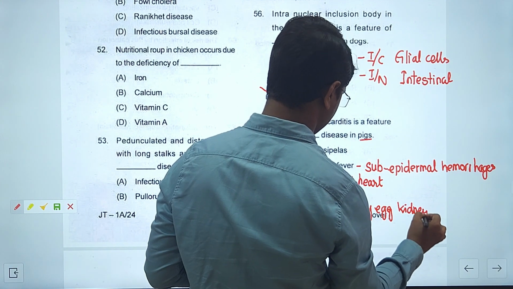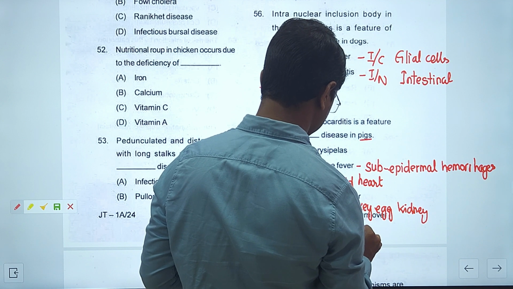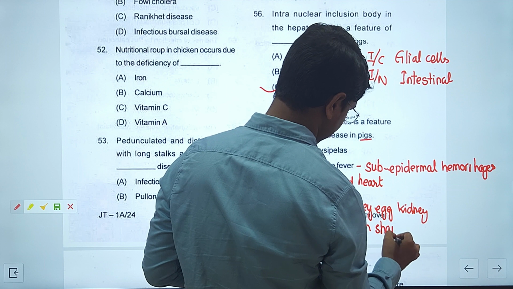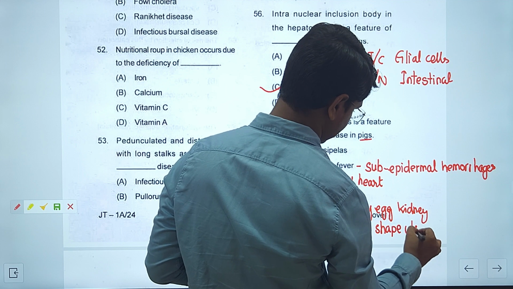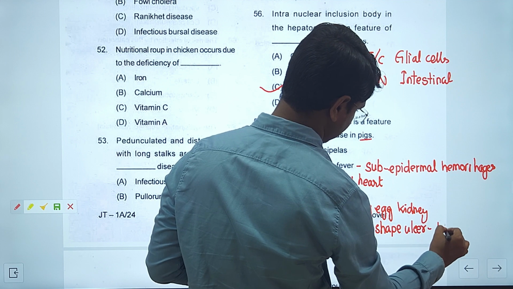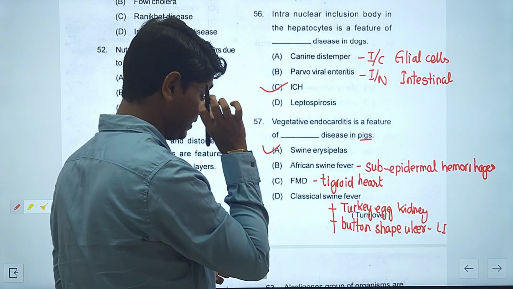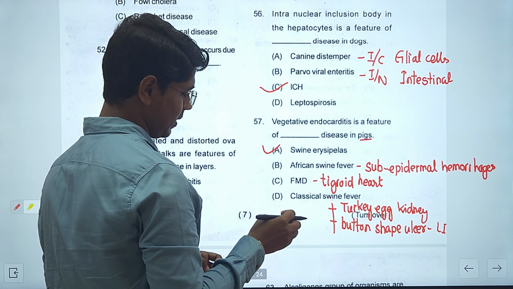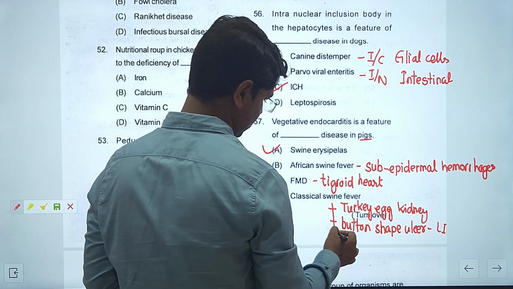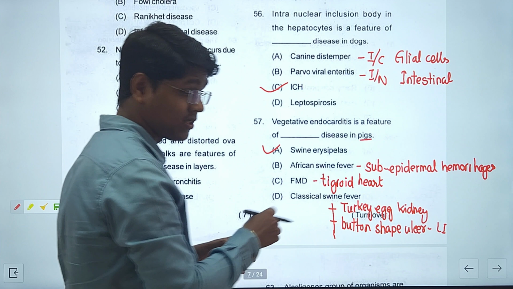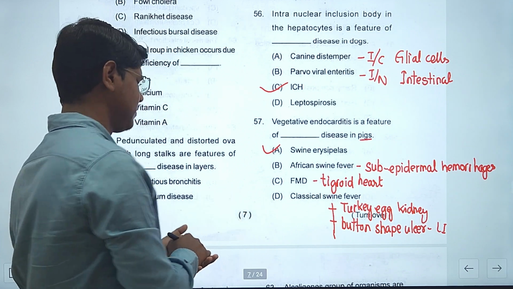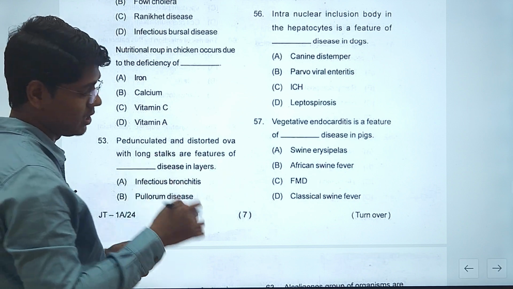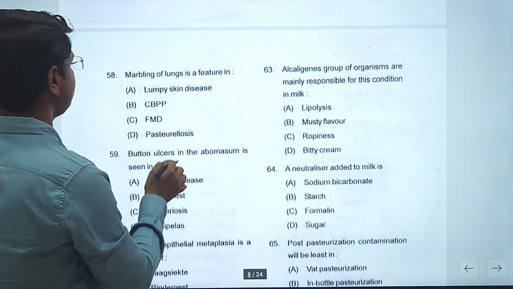You will find button-shaped ulcers in the large intestine, and there is another lesion which I am forgetting. You will find some hemorrhagic spots also. I am forgetting. If you know there is another one, do comment down below. Classical swine fever, the other name is hog cholera.